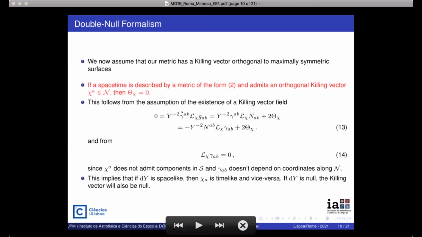Now, there is a nice result one can find, and it's not surprising. When we have this splitting of the space-time in 2+2 dimensions, warped, we realize that if there is a Killing vector orthogonal to the maximally symmetric hypersurfaces, then the expansion of this vector is vanishing, and this means that obviously the surfaces are of constant curvature.